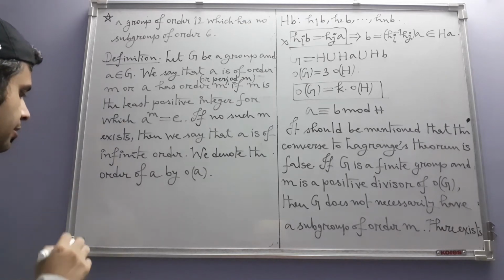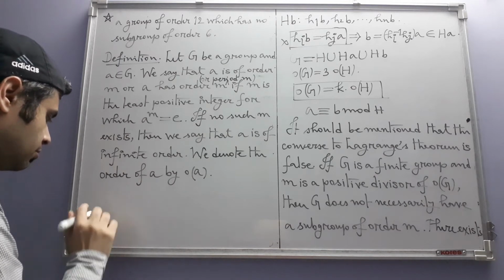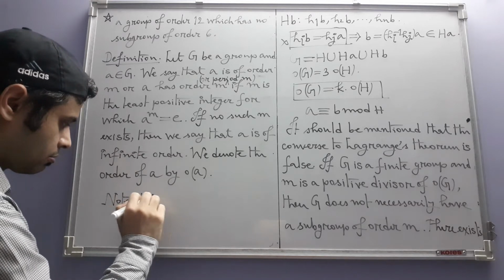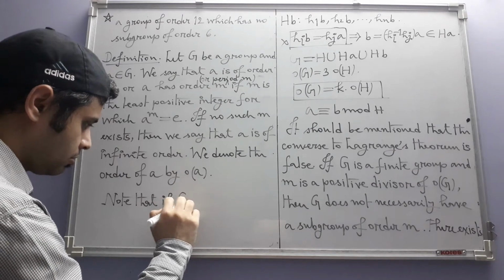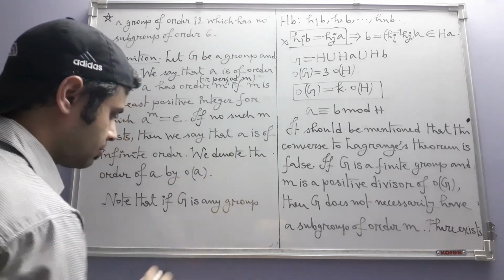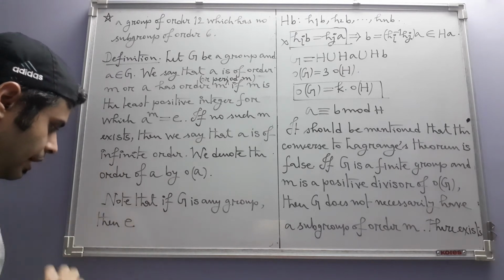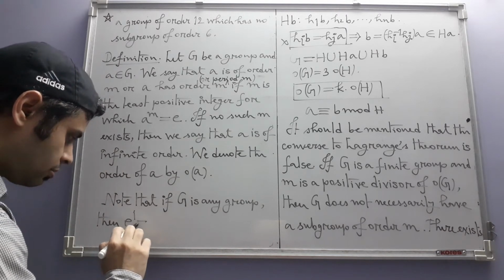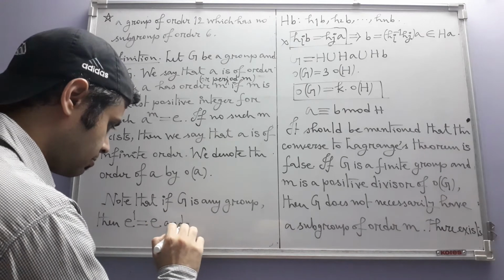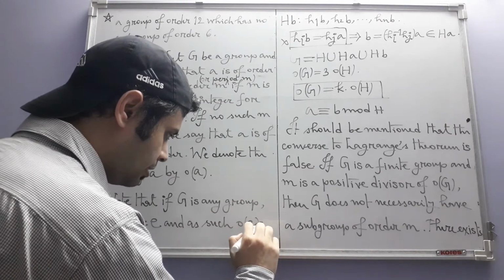Now note one thing, that if G is any group, then the identity element to the power 1 is equal to identity, and as such the order of the identity element is 1.